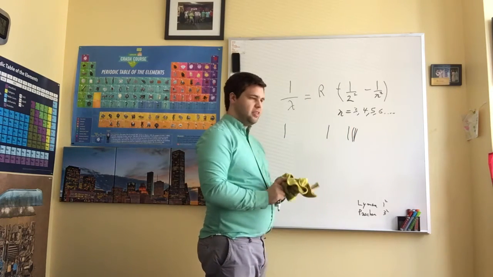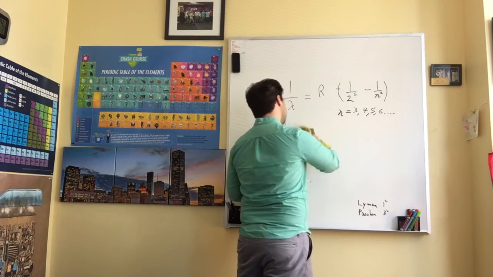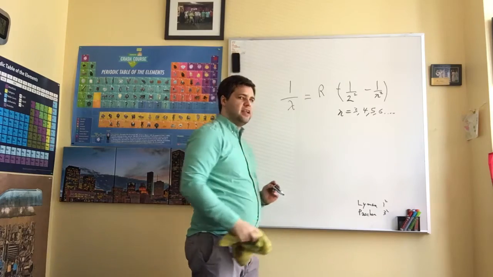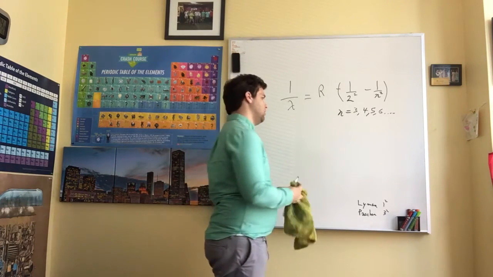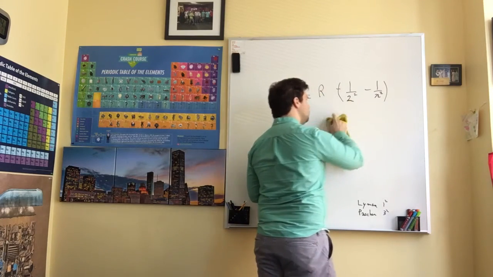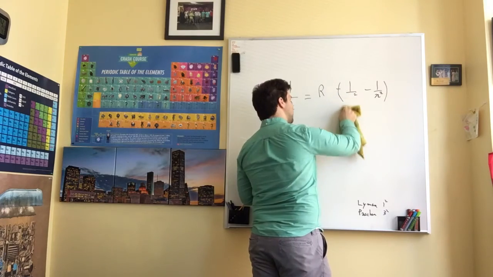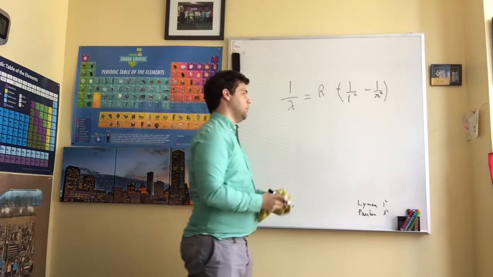But this wasn't the only thing that was happening. There's also something else curious. There was another guy by the name of Lyman, and he figured out there's a very similar relation, except instead of 2, we have a 1. So 1 squared.